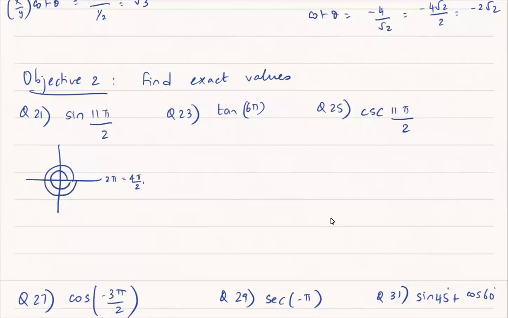Now you go around again, then you end up with 4 pi, which is 8 pi over 2. Now, if you go one more revolution, you end up with 12 pi over 2, which means you have already crossed more.